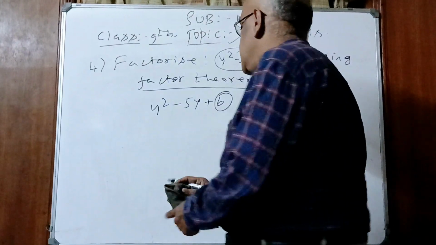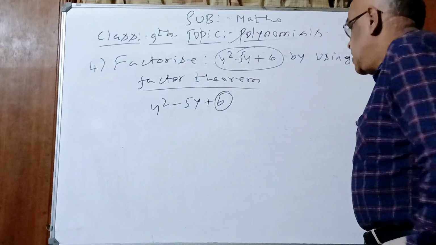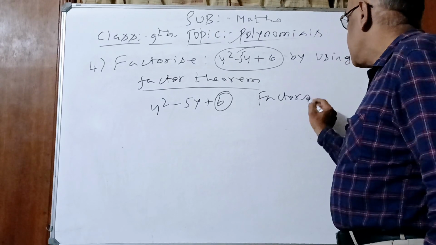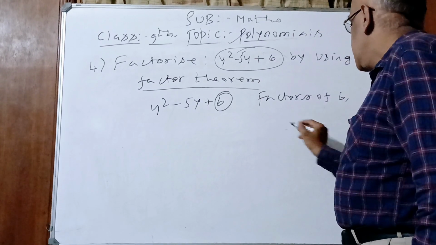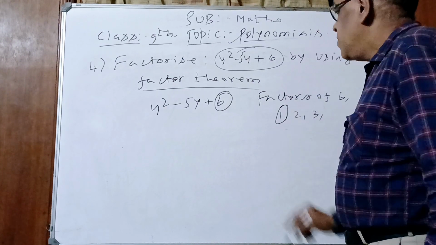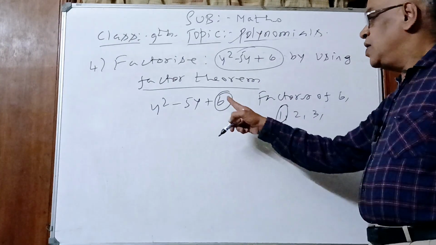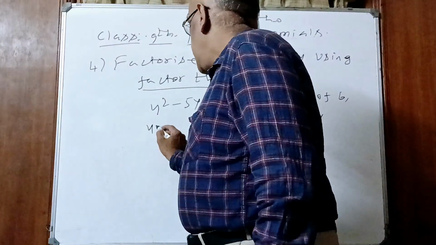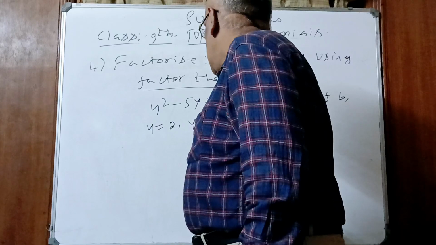So what does it mean? Take the constant term, factors of 6. Neglect 1 because 1 is a factor of every number. So y is equal to 2, y is equal to 3.